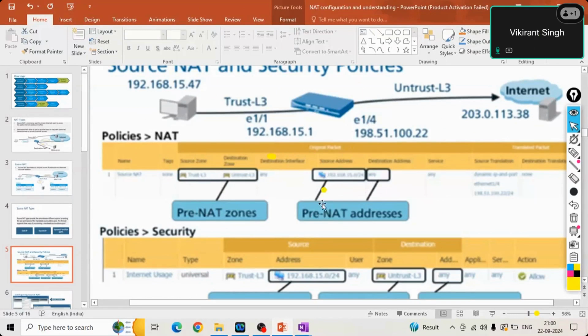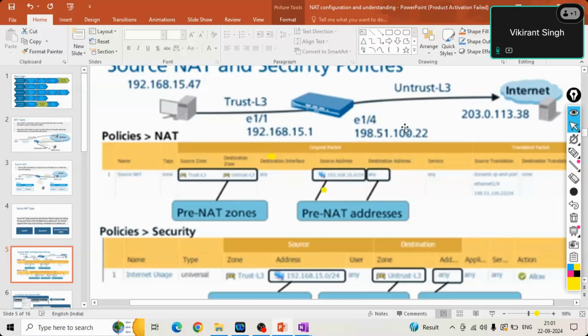Destination address we don't know because we are reaching the Palo Alto firewall right now. We don't know our VPN NAT IP. We don't know which IP is going to be NATed, right? Until or unless we reach the firewall. And once we reach the firewall, we know this destination.